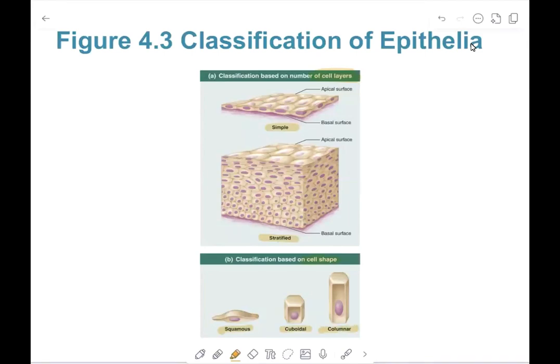So we would have things like simple squamous epithelium, simple cuboidal epithelium, simple columnar epithelium, or stratified squamous epithelium. There are stratified cuboidal and columnar, but you're not going to be responsible for those. It's not going to be one of the slides, and you're going to skip through that part of the text.